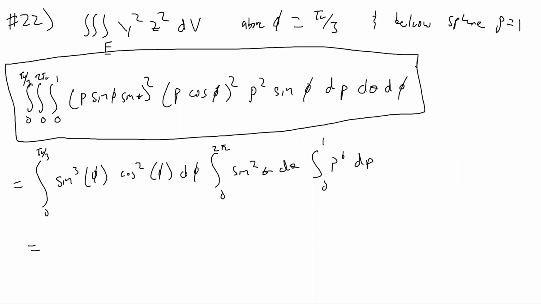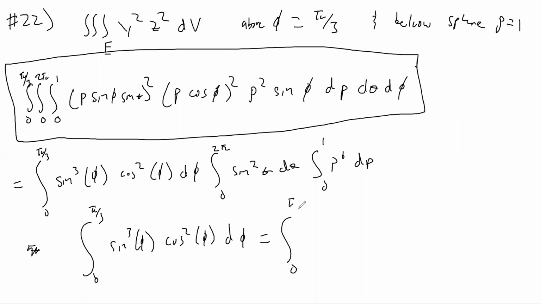Let me start off by looking at the first part. For the first part, I'm just going to look at the integral from 0 to pi over 3 of sine cubed phi and cosine squared phi. This should be using the double angle identity.